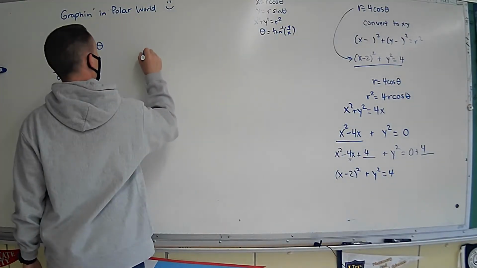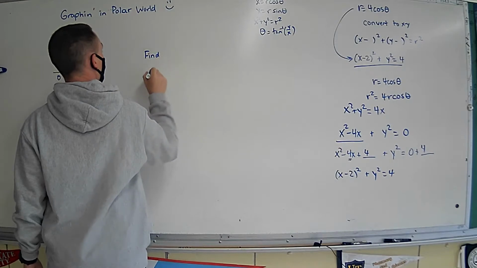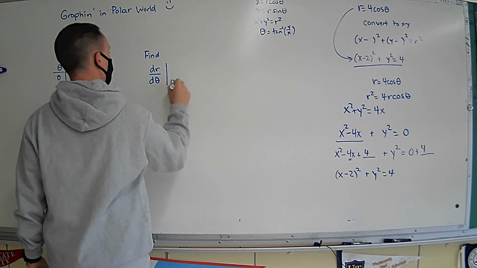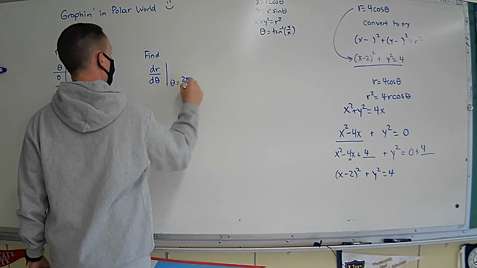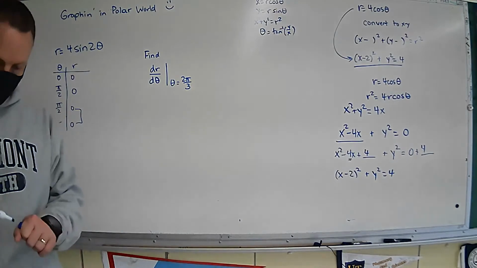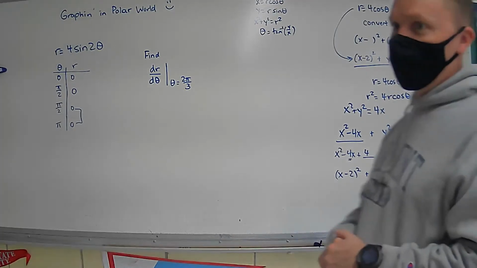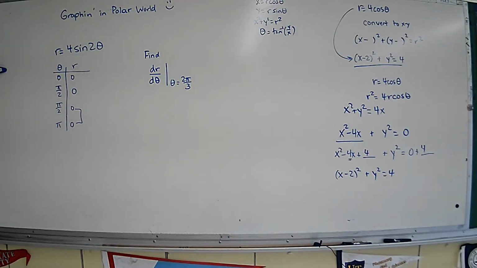Find for me the sign of this, without computing it. Without computing dr d theta at theta equals 2 pi over 3, tell me what the sign of it has to be, based off of what's going on with this graph.